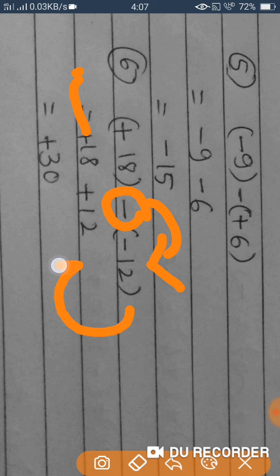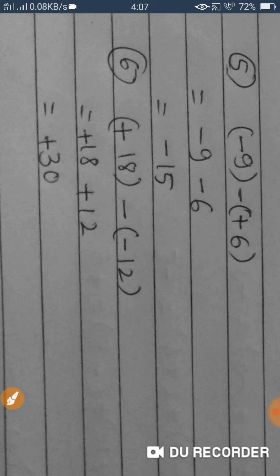Directly I have written the opposite sign of the integer, the inverse of minus 12, that is plus 12. Both have a plus, that's why it is plus 30. So I hope you understand the integer. So this is all about the addition and subtraction of two integers.